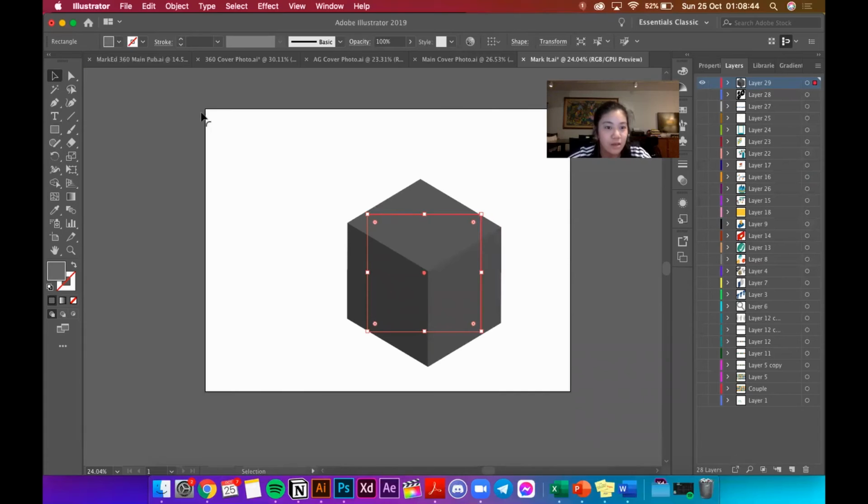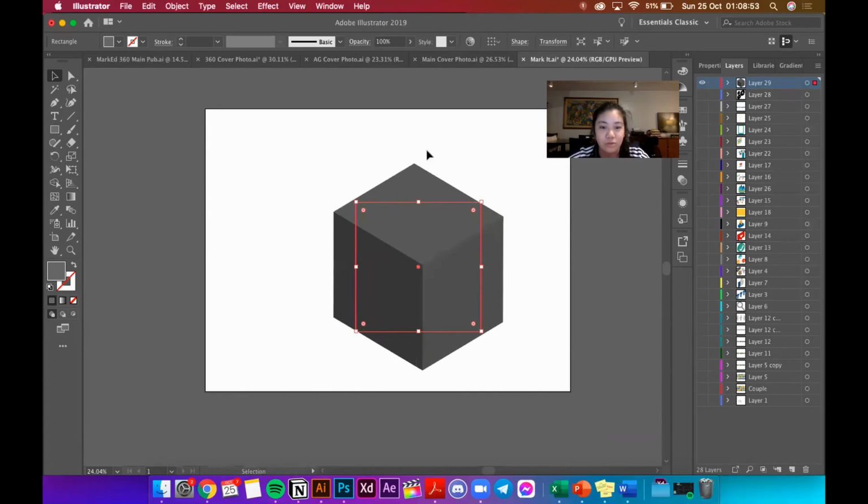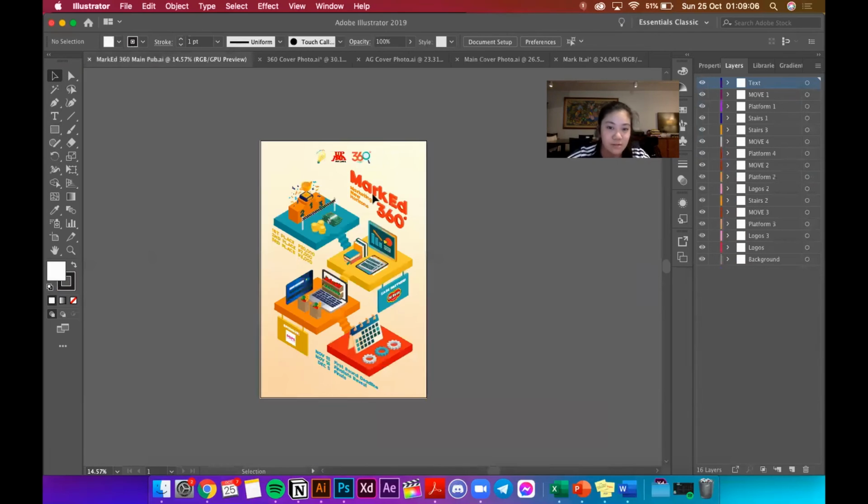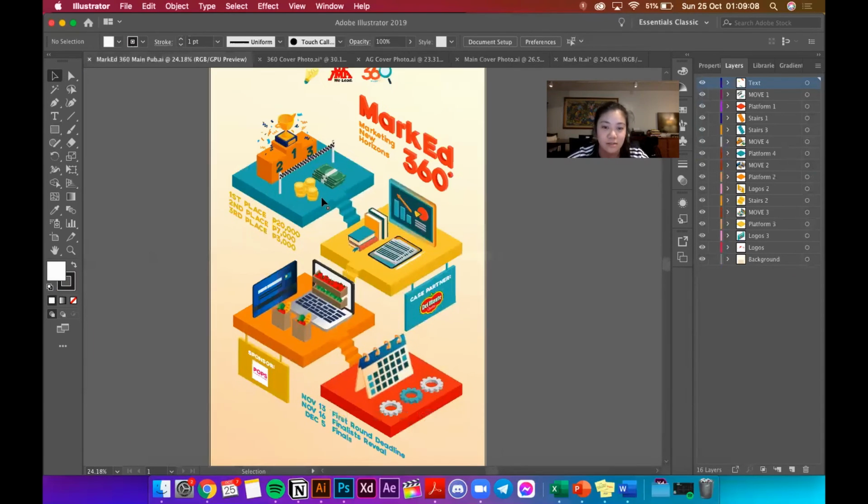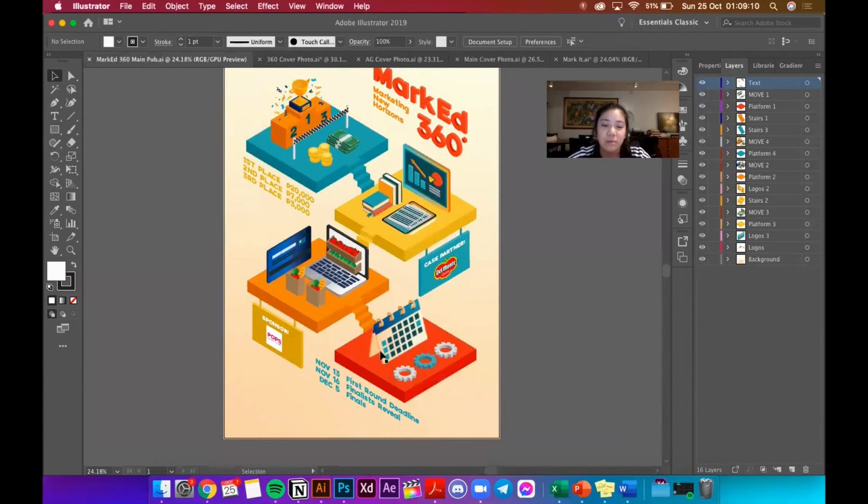Okay. So next, probably the last thing I'm gonna touch on for Market is the last thing we posted, which was the 360 main pub. So tada! This is the Market 360 main pub.